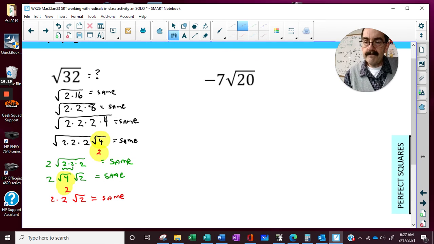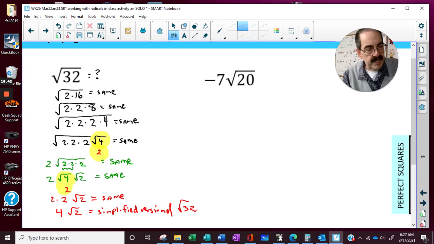All right. End result, 4 square root 2 is the simplified version of the square root of 32. Now, it's going to take a couple days. Most of you are already seeing the pattern, but I want everybody right now to test it.